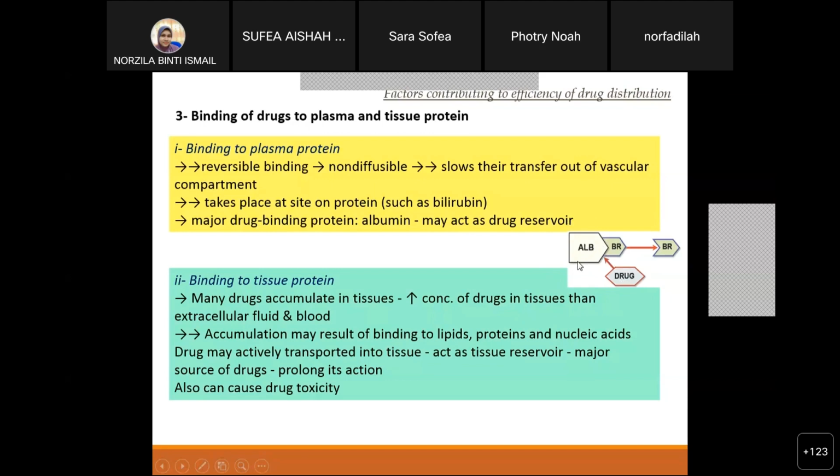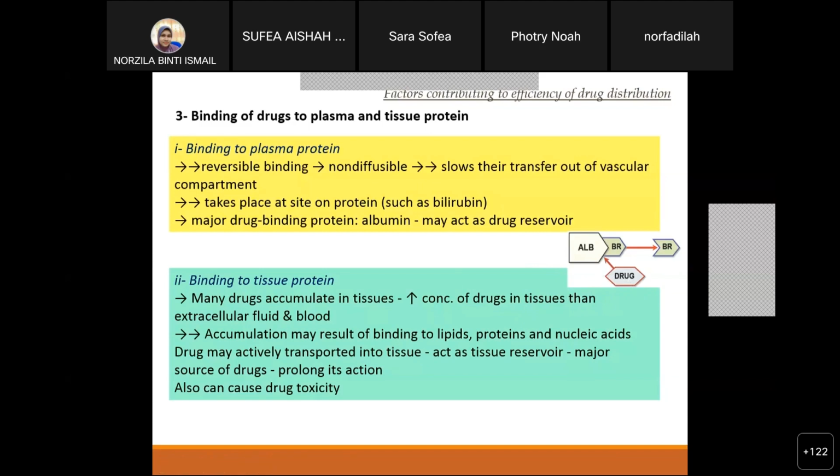In this case, the drug that binds to albumin can be a drug reservoir, like a slow release type of drug inside the blood vessels. So this protein-drug complex can prolong the activity of the drugs.